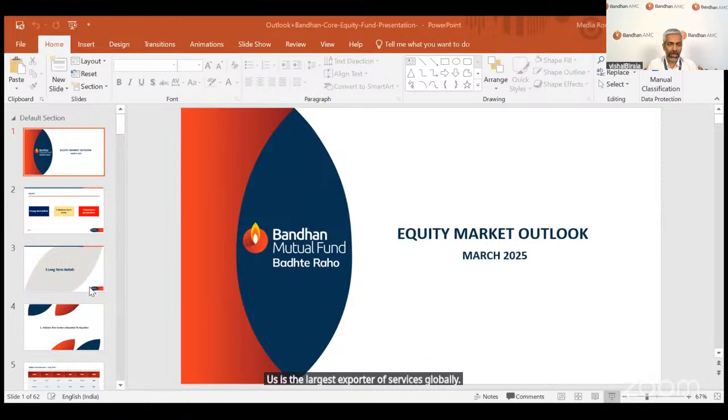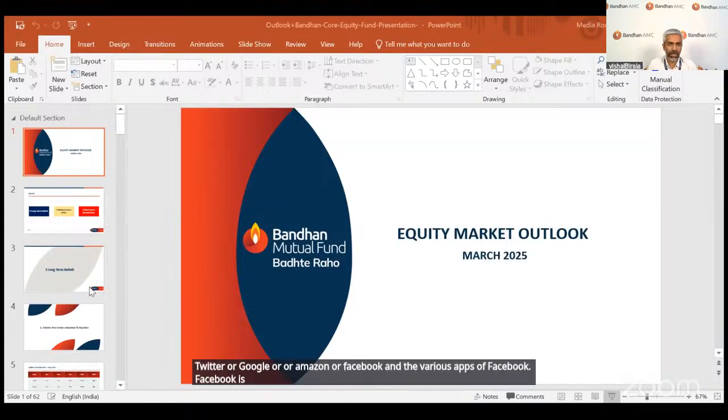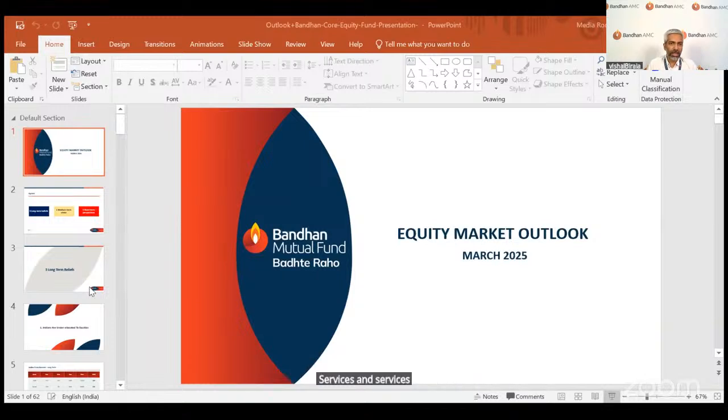Think of Twitter, Google, Amazon, or Facebook, and the various apps of Facebook, and there are several smaller apps run by Meta. All of this is counted under services, and till now globally services have not been taxed. So if Europe actually goes ahead and starts taxing services, then it could have a lot of ramifications.